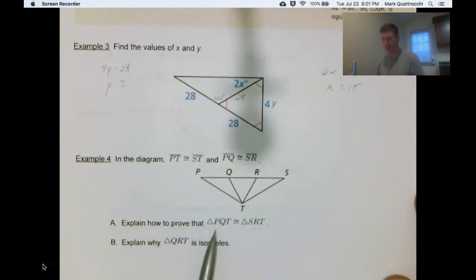Explain how to prove triangle PQT is congruent to triangle SRT.